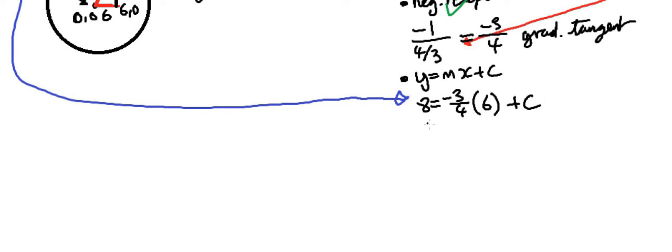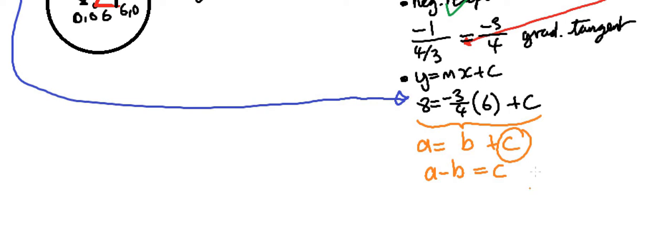Now remember I said all of this is basically that a is equal to b plus c. A is equal to two things added together. If I want to find c, then all I do is a minus b equals c.